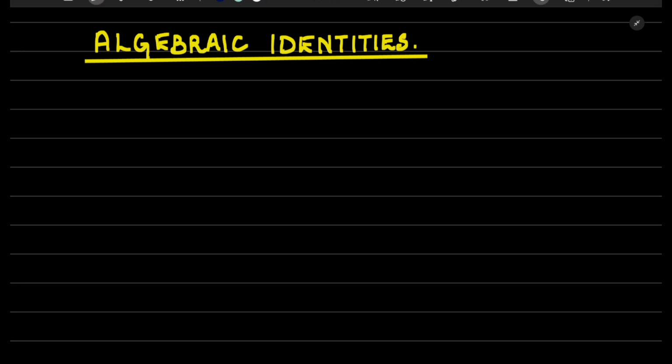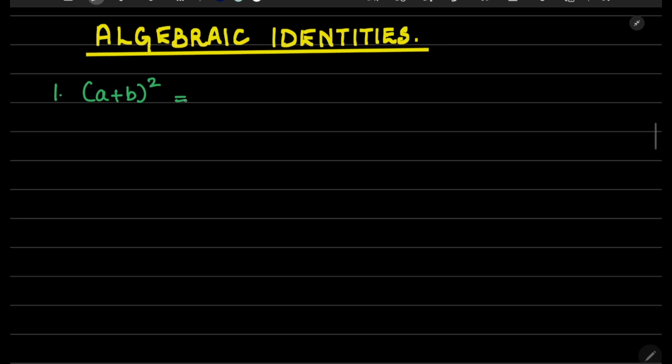The one which we saw in the previous video, the first one is (a plus b) the whole square, which is nothing but a square plus b square plus 2ab.